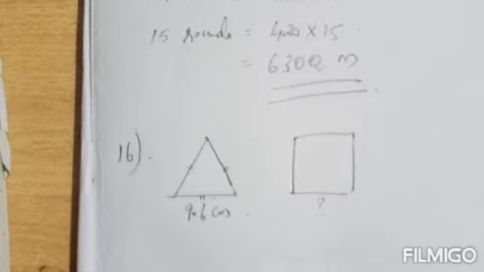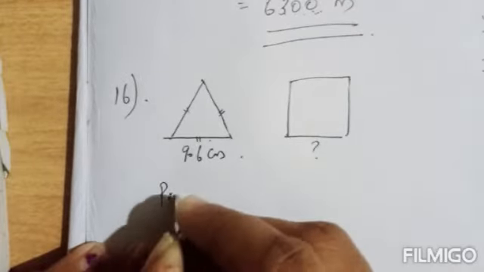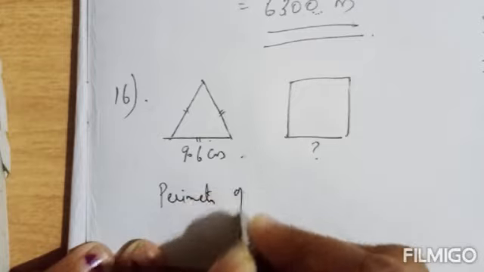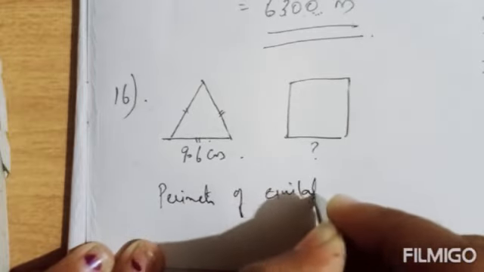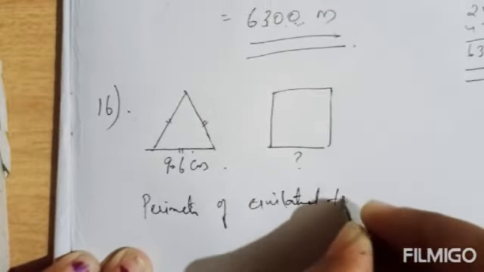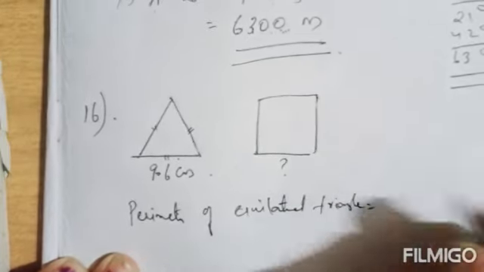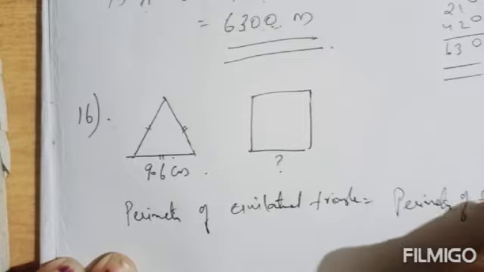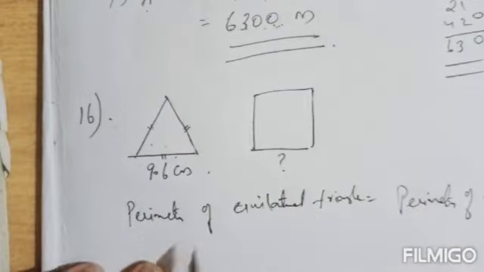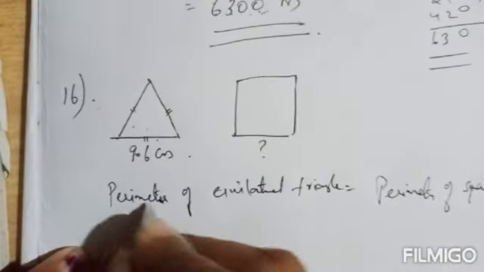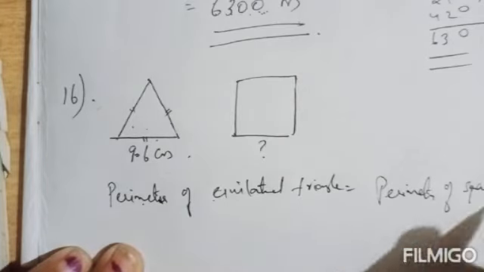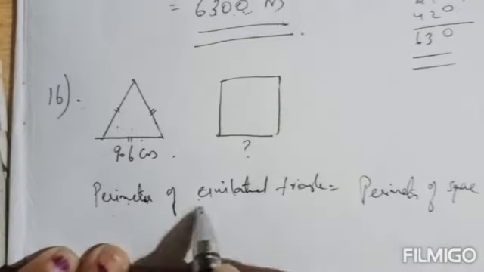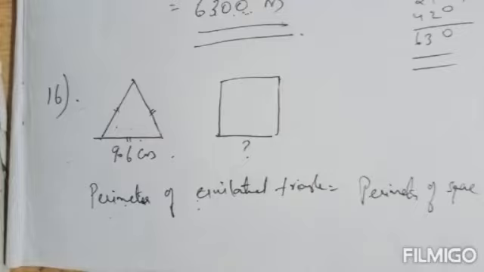Okay, so given: perimeter of equilateral triangle is equal to the perimeter of square. They have equal perimeter, so we can write it like this. Now how can you find the perimeter of an equilateral triangle if its side is given?